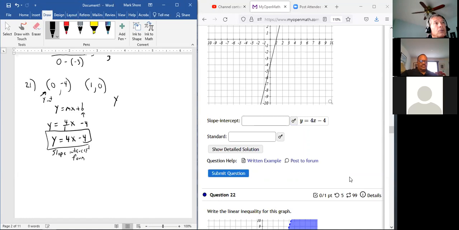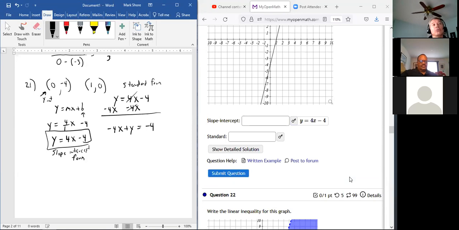And getting it into what's called standard form, you get your x's and y's on one side. So right now we have it in slope intercept form, y equals 4x minus 4. I'm going to subtract 4x from both sides. And what I get is -4x plus y equals -4.